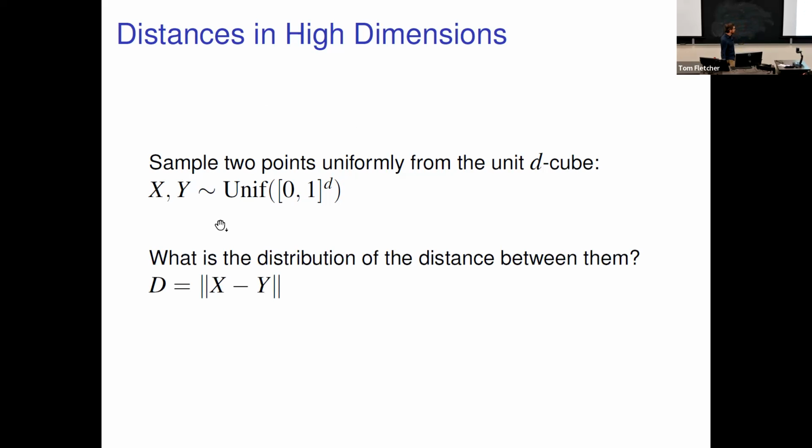So I'm going to have another random variable. If x and y are random variables, basically d-dimensional vectors, I'm going to compute their difference and take the norm, the L2 or Euclidean distance between x and y. Okay, and let's look at how this behaves as I increase dimensionality.